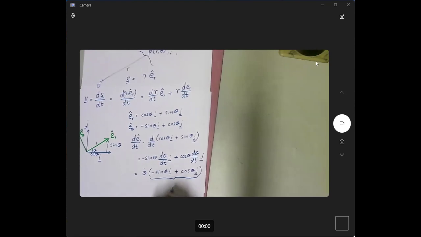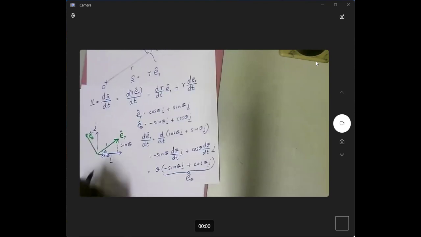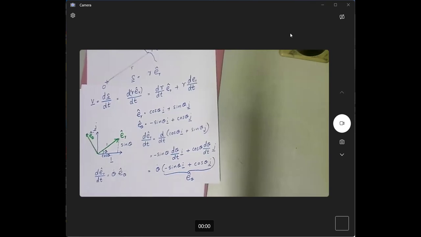This is e_theta. So that means the differentiation of the e_r vector is the time derivative of the angle, theta dot, into the direction of e_theta. Right?